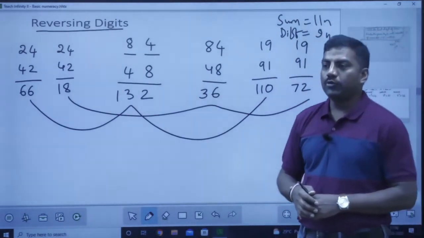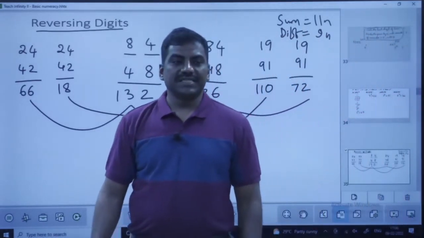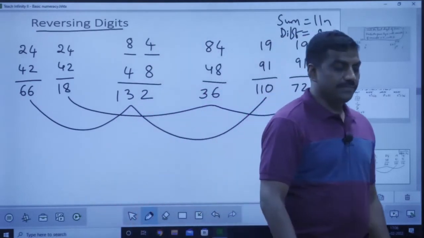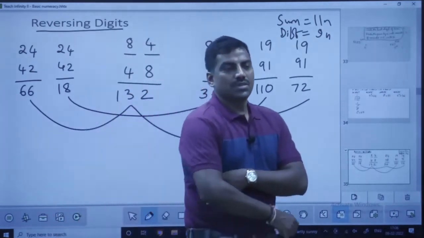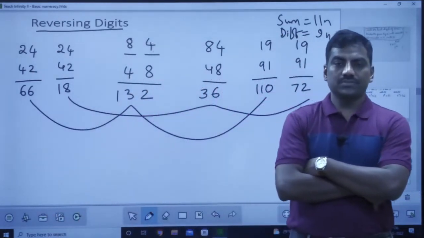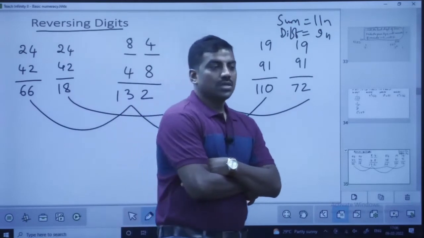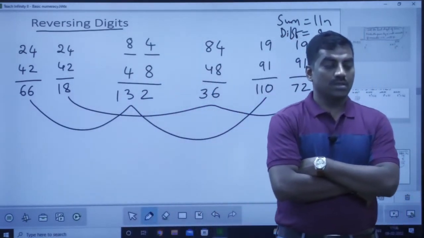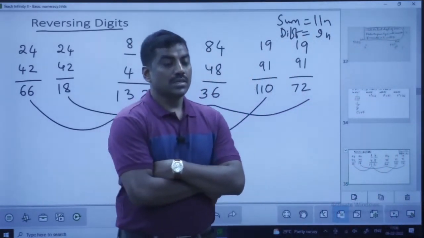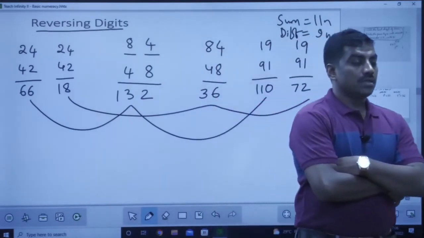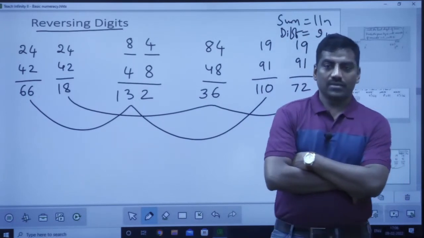Similarly, we can apply it to 3-digit numbers also. Just below that sentence, you write: a 3-digit number and its reverse give the difference of multiples of 99.